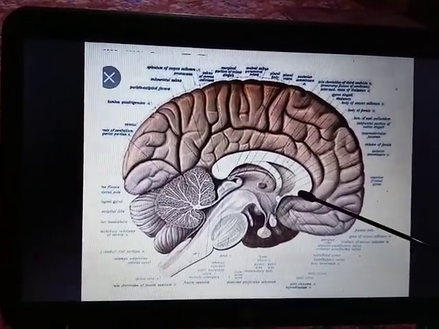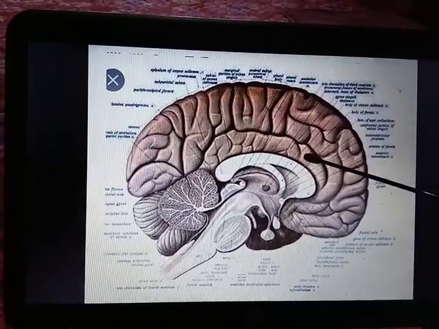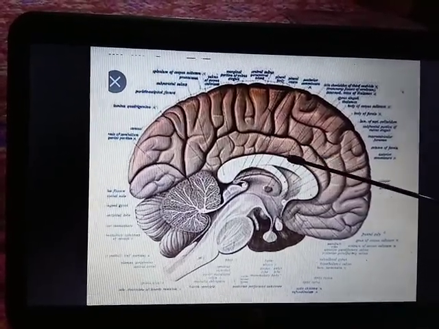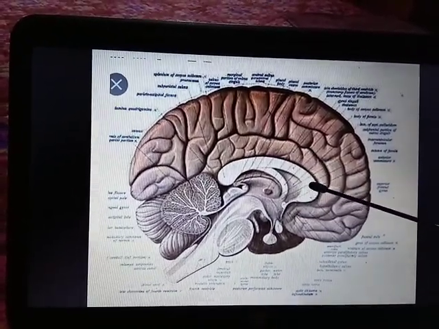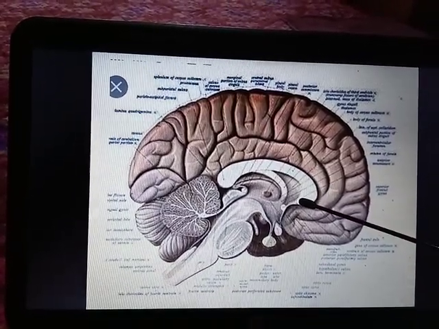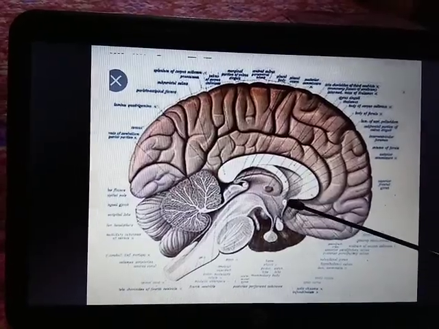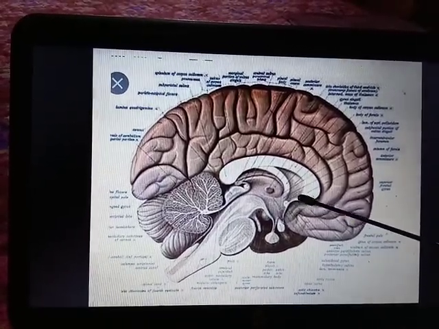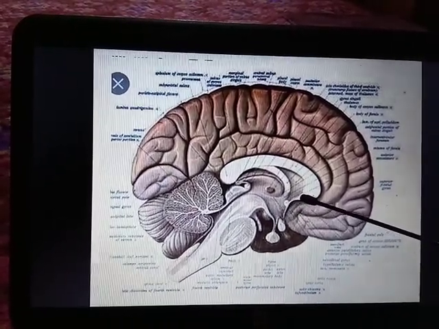Then the parts of the corpus callosum: as you can see, this is C-shaped and it is white matter. They are the commissural fibers. It has a rostrum. Can you see that narrowed, beak-shaped white thing?